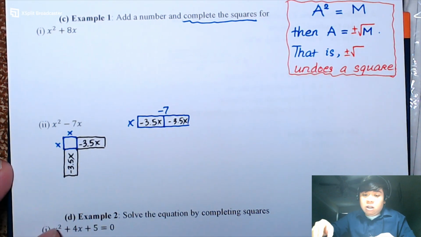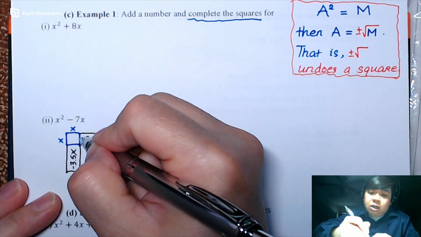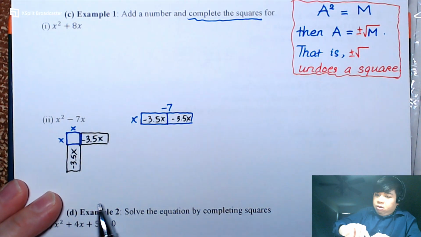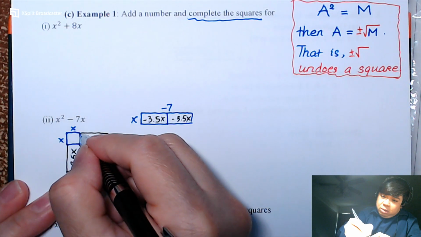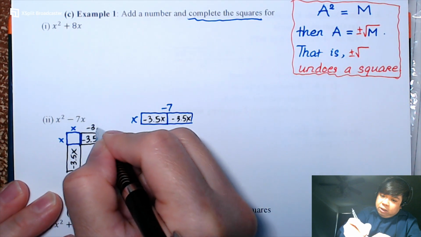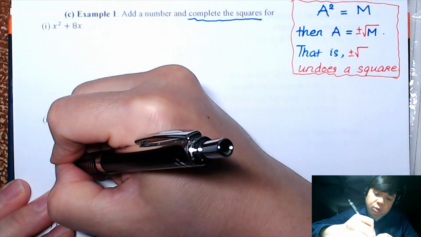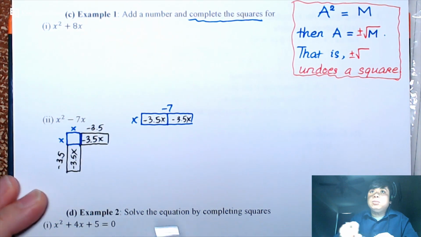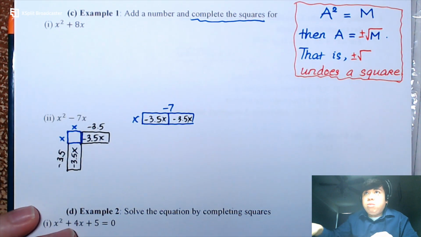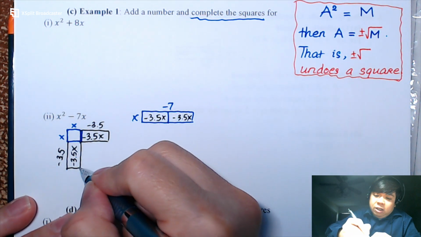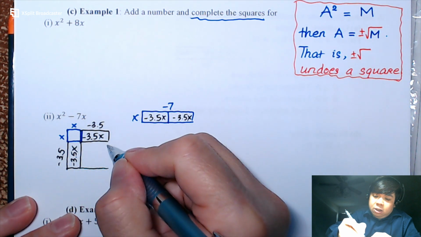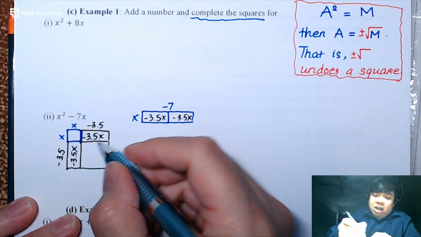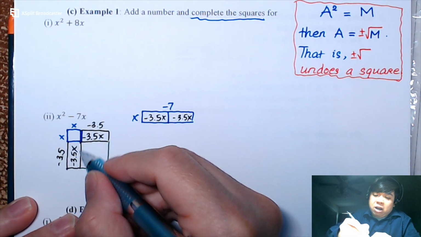And since this side is x, this has to be negative 3.5. This has to be negative 3.5. And this is negative 3.5. And to make a complete square, we're going to add that area. And that area is going to be negative 3.5 by negative 3.5.